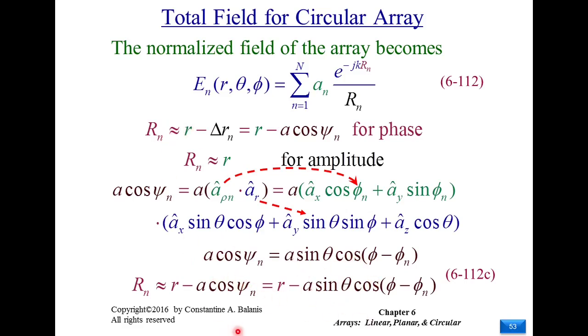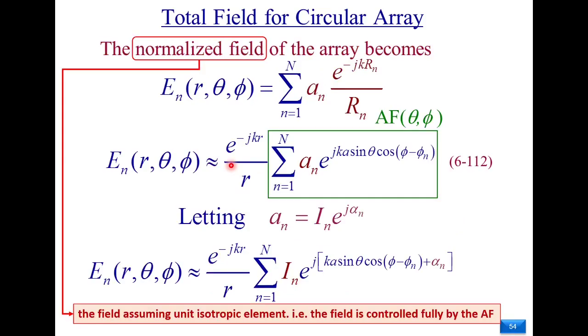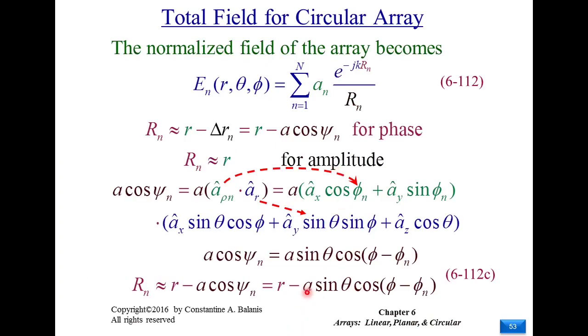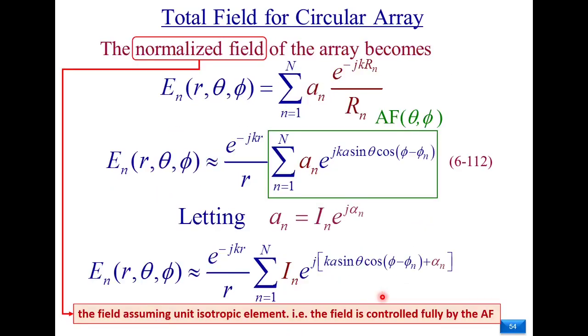So now Rn equals R minus this expression, and we're going to substitute this only in the phase term, while for the amplitude term we are using R equal R small. So the normalized field, this is the definition as I said in the previous slide. For the amplitude term we are using R. For the phase term we are using R minus the expression here, which is a sine theta cosine difference.